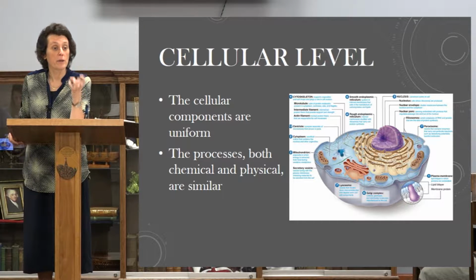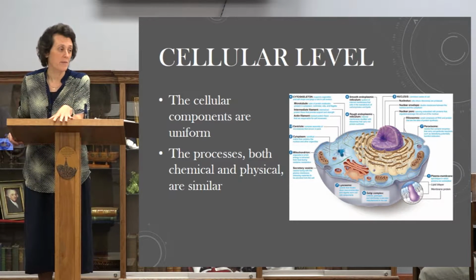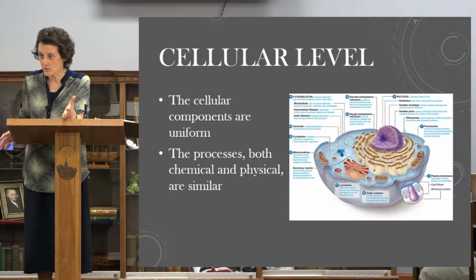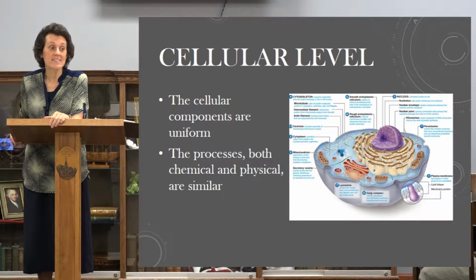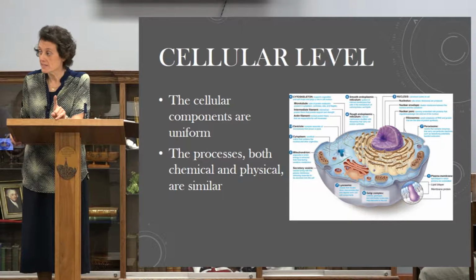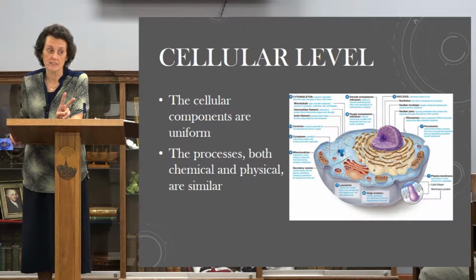And not only are the components, or the parts that make up the cells, the same basic structures, the processes done by cells are basically the same. There are 2 main processes in cellular life. Photosynthesis, which is done by plants, and cellular respiration, which is done by all cells.